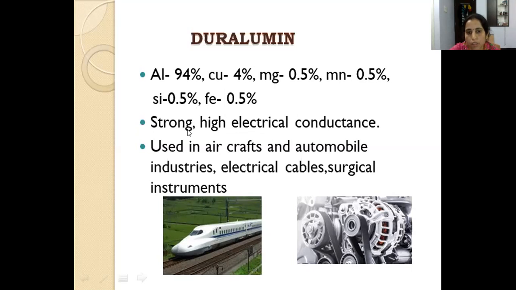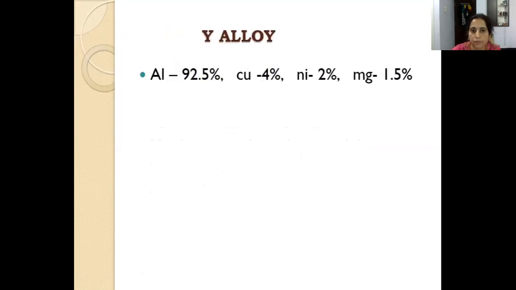It is strong and it has high electrical conductance. We have studied aluminum, its high electrical conduction and good thermal conductivity. So it is used in aircrafts. It is also used in automobile industries, electrical cables, and surgical instruments. So duralumin is an important alloy of aluminum.